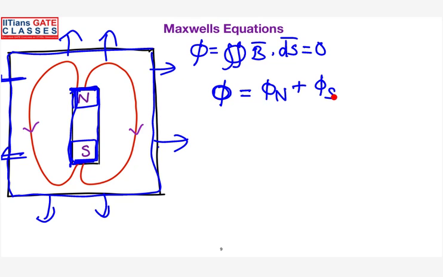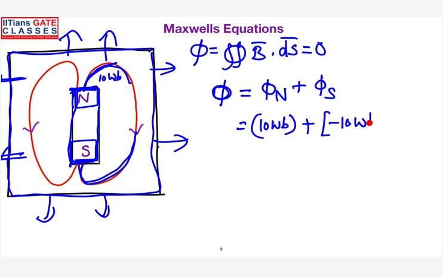Whatever flux is generated from the North Pole, the same is entering the South Pole. For example, if 10 Webers of flux is leaving the North Pole, the same 10 Webers is entering the South Pole. That is why I have written a minus: from the North Pole the flux is leaving, and for the South Pole it is entering.